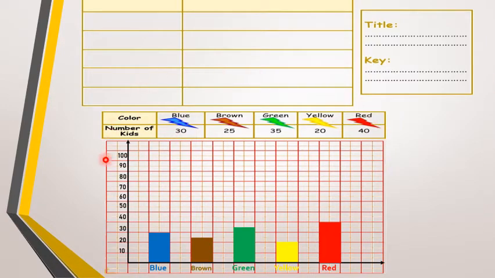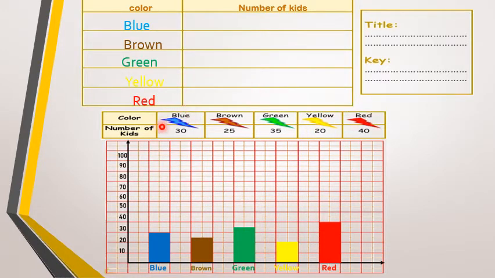Okay, after I represent the data in the table using a bar graph, I will use tally marks to represent it. So I will write the categories here, the colors, and the tally will be for the number of kids. So first I have blue, brown, green, yellow, and red.